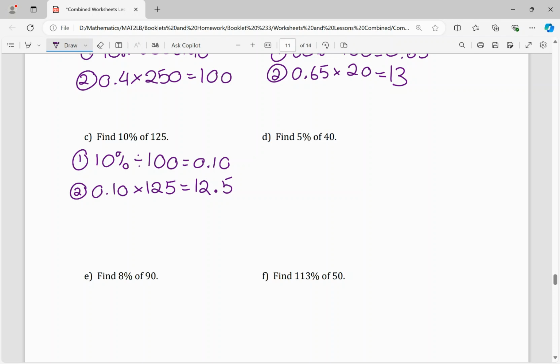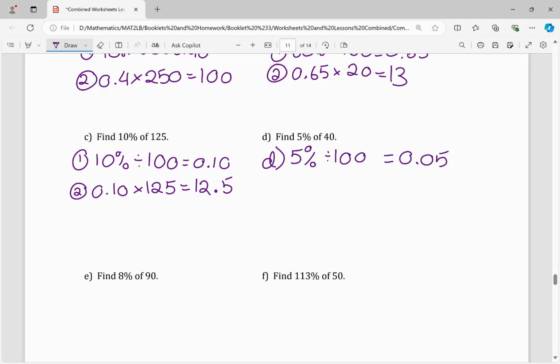All right. At this point, hopefully you've gotten pretty good at calculating the decimal form in your head. Despite that, please make sure that you're taking your time with some of these trickier ones. For example, 5% as a decimal does not equal 0.5. If you take 5% and you divide it by 100, you will get 0.05.